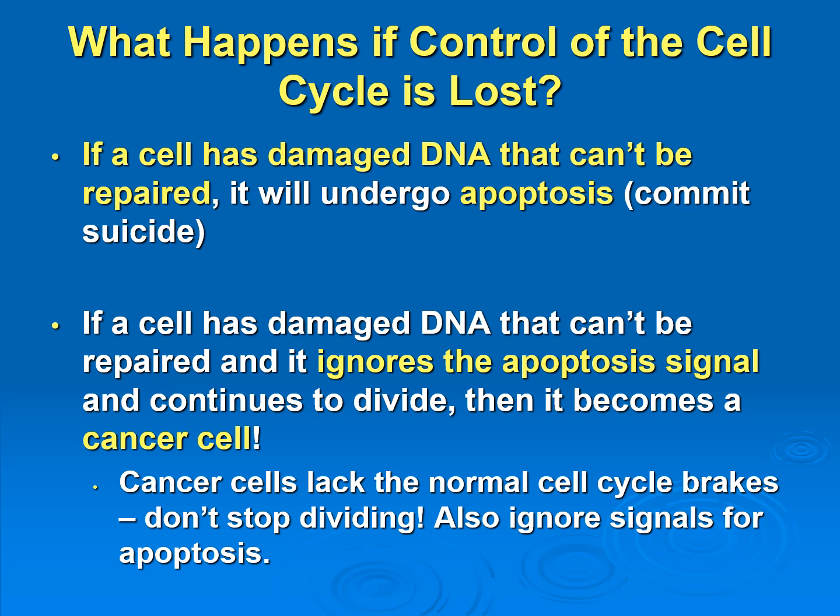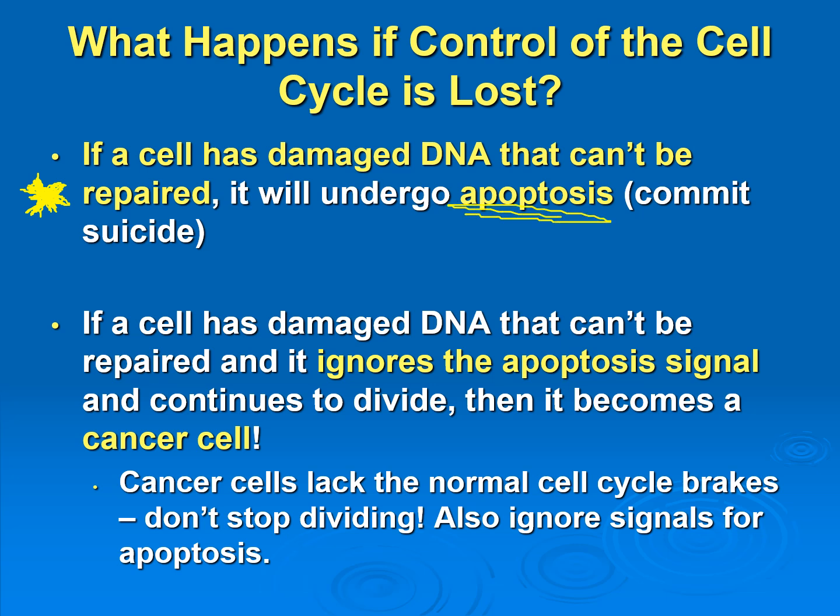Okay, so this is an important idea. If a cell has damaged DNA that it's not able to repair, there are repair mechanisms, but maybe the damage is just so bad that it can't repair it. The cell will get a signal to undergo what's called apoptosis.